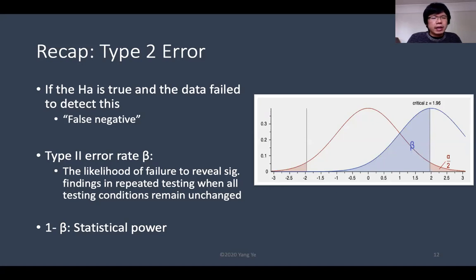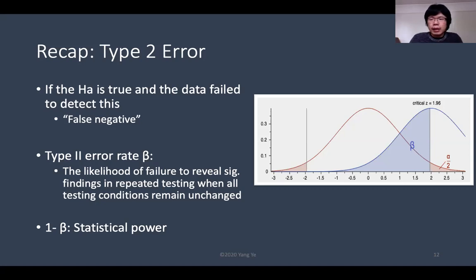But if we found a significant result and were to replicate the same study over and over again, there's a likelihood of beta, as depicted in this graph. If we run the same study over and over again with all the conditions unchanged, there is this likelihood of beta that we wouldn't be able to detect this true effect. If that's the case, then we would have committed a type 2 error.